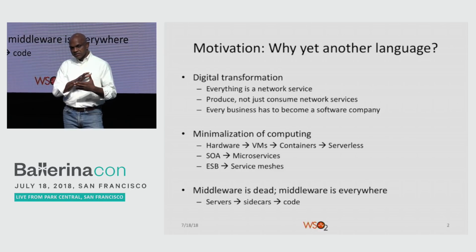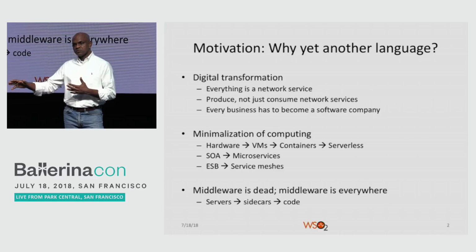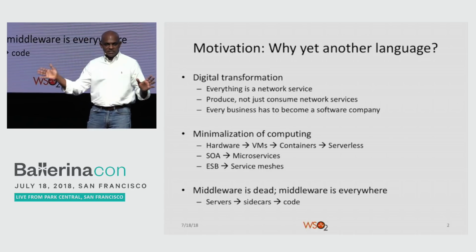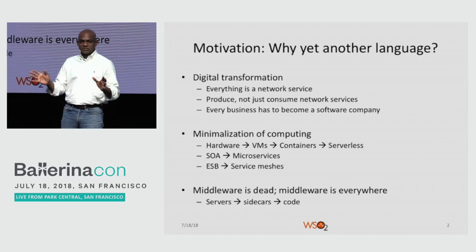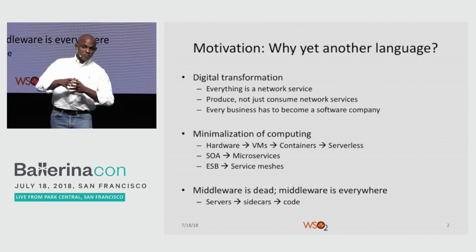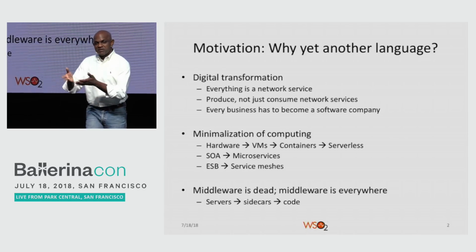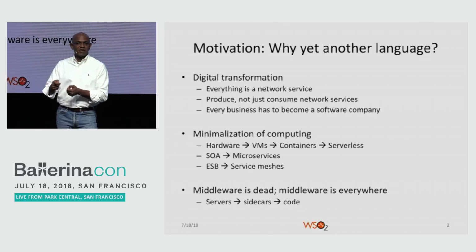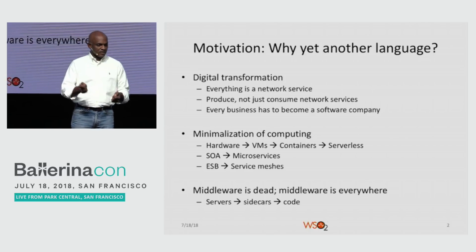And what I see is this process going even further to the point of saying, let me just write the code and not worry about anything else. Everything else gets taken care of, the orchestration infrastructure that you're running under. And what that kind of means is there is no middleware. Middleware is dead, but actually middleware is everywhere instead. It's not gone, as in the supporting infrastructure that middleware gives for code is not gone, but it's just not something explicit.